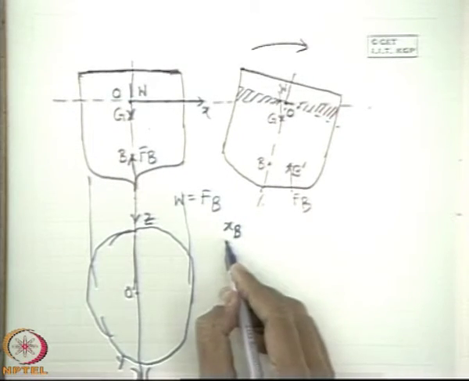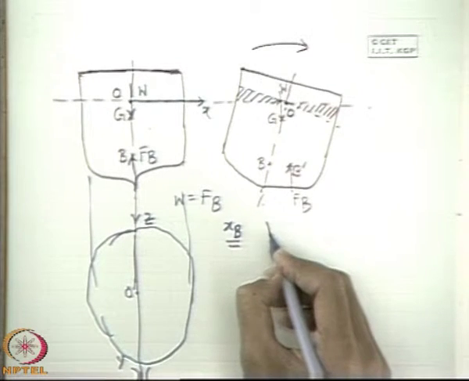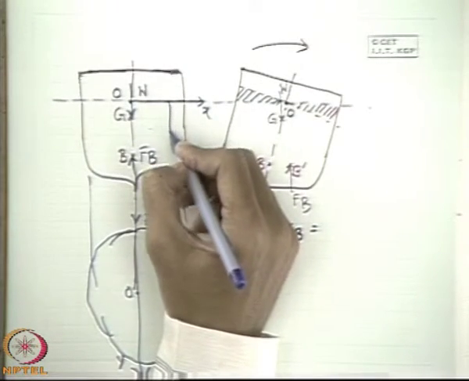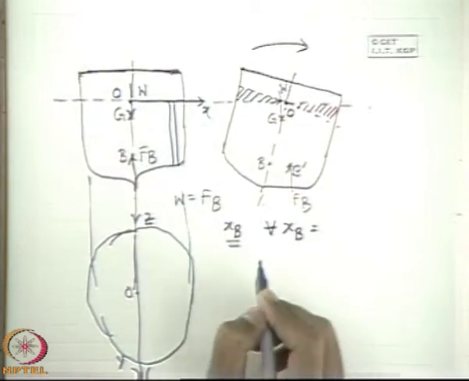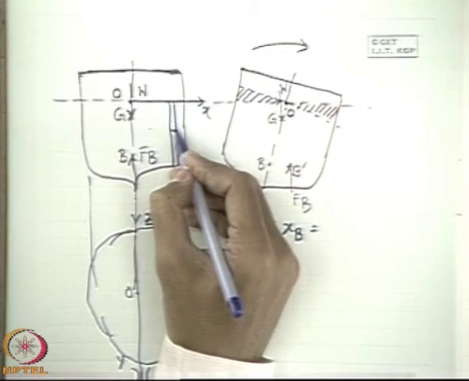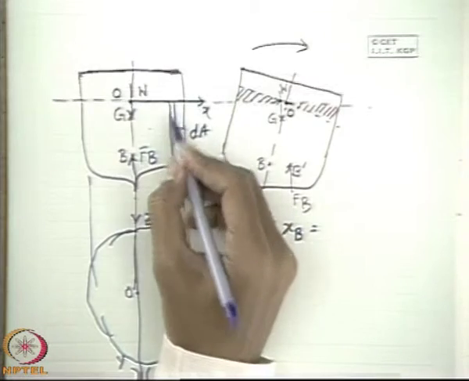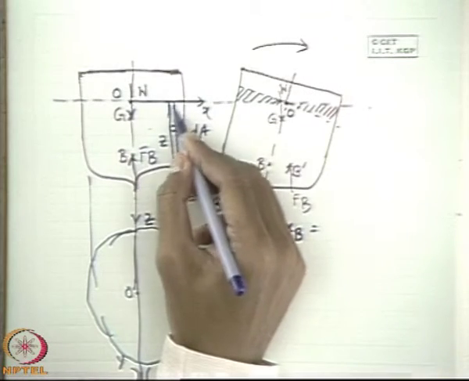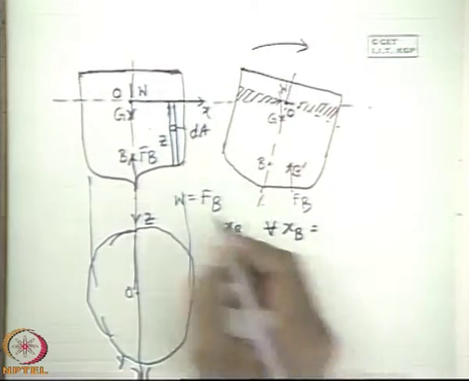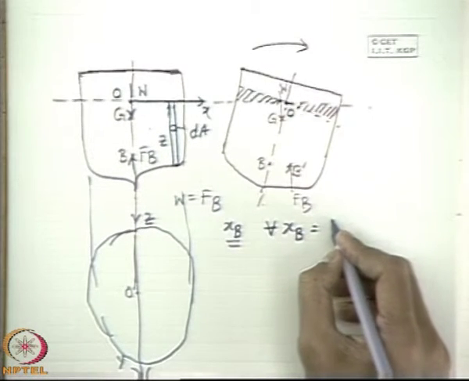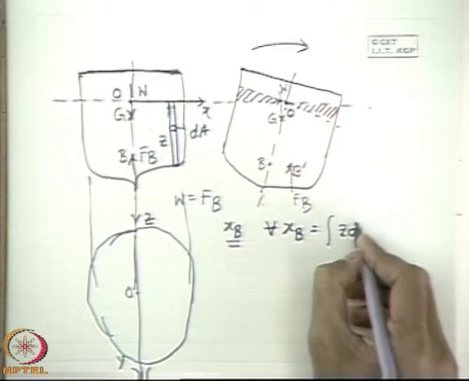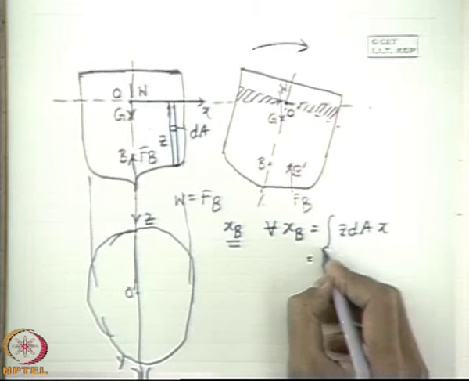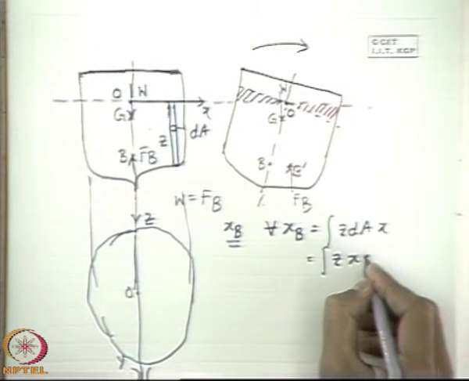Then we can write that V, the immersed volume, times XB is nothing but, if we take a prismatic element of the immersed volume whose cross sectional area is dA, and Z is the height of this prismatic element, or the Z coordinate of this point, that becomes equal to the integral of Z X dA.